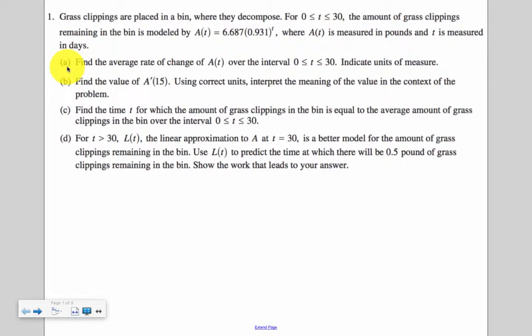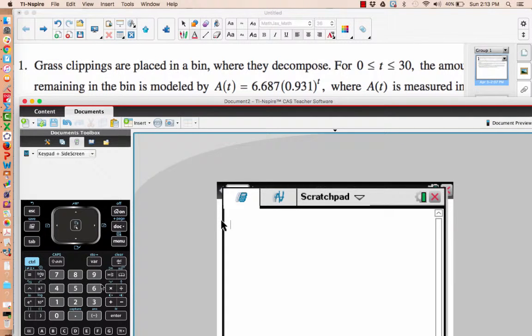All right, part A says find the average rate of change of A on this interval 0 to 30, indicate units of measure. So let's jump to the calculator. The first thing I'm going to do is store this function as A of t so I don't have to continue to type it throughout the problem. Okay, so I have 6.687 times the quantity 0.931 to the t.